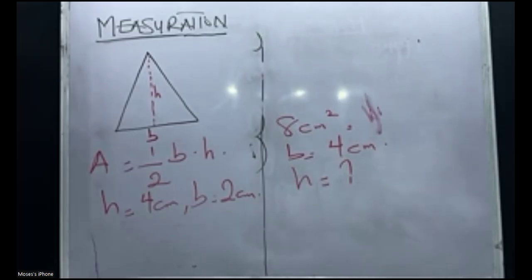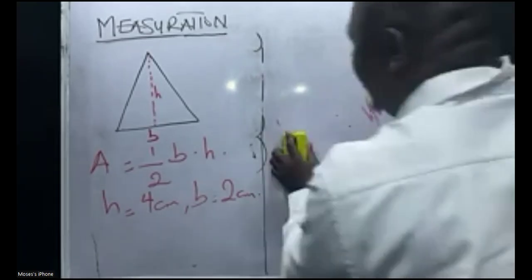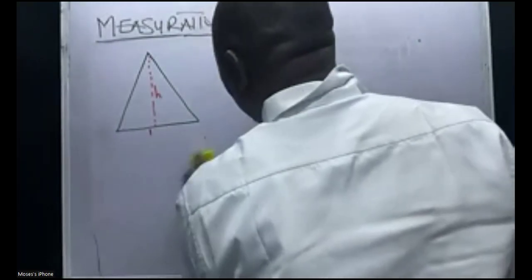Your area is 8 centimeter square. Your height is going to be 4 centimeter. Therefore, that is the basics about a triangle. God bless you.